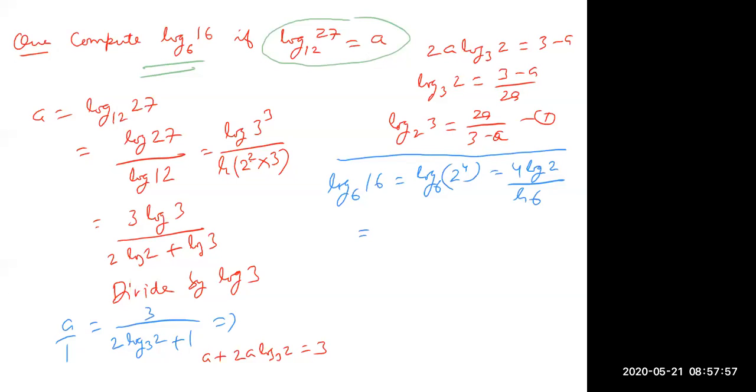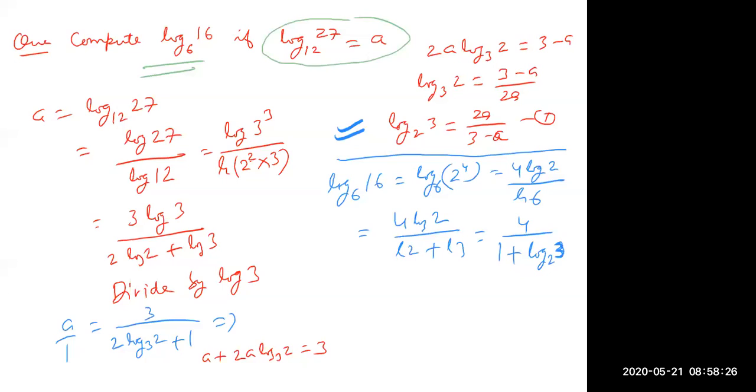So 4 log 2 upon log 2 plus log 3. Divide by log 2. So this is 4 upon 1 plus log 2 3. Because I am dividing by log 2, log 3 upon log 2 is log 2 3. And log 2 3 is here, equation number 1. This value put.